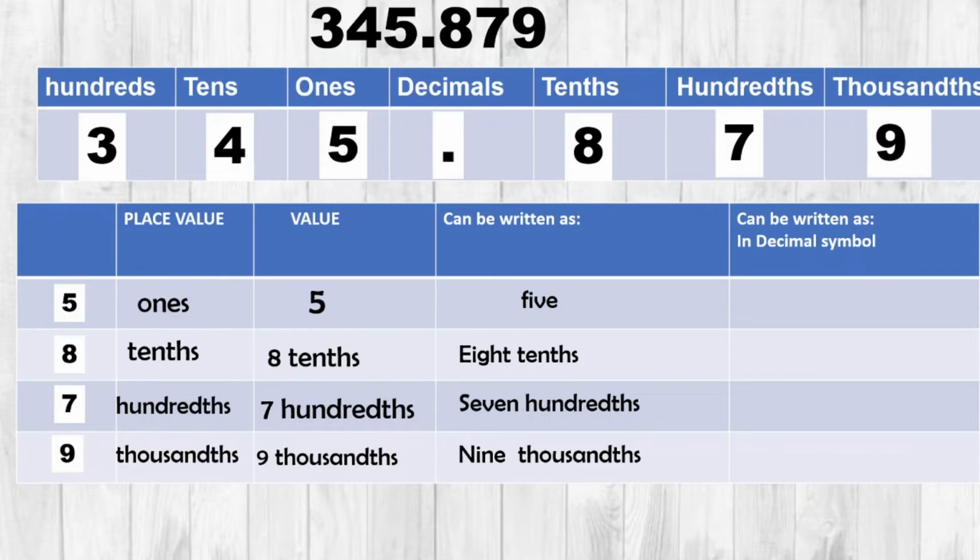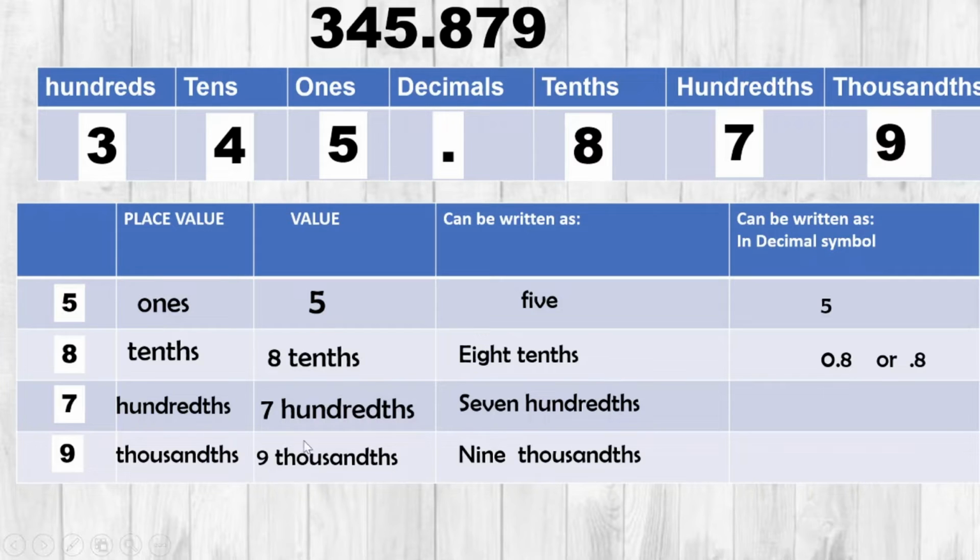Ito, medyo nakakalito siya pag in a decimal symbol, pag iisa-isahin natin yung kada number. So, yung 5, automatic is 5. Right? Or pwede mo rin isulat siyang 5.00. Okay? Then yung 8 tenths. Paano natin siya isulat? Pag siya lamang. So, meron tayong 0.8. Okay? That is 8 tenths.